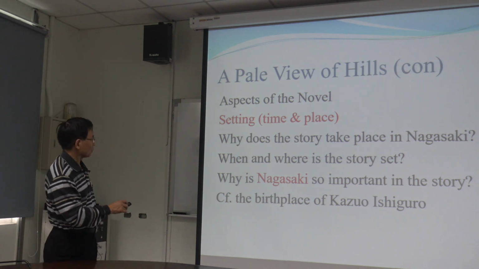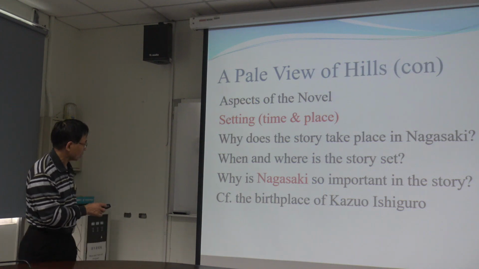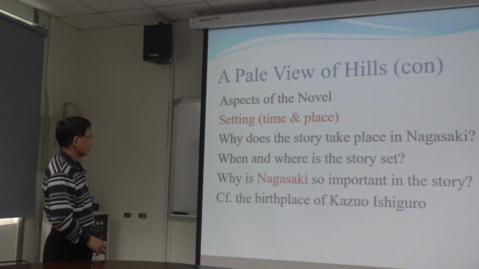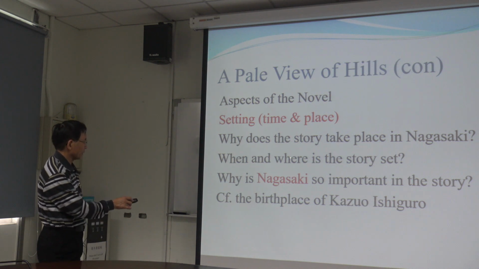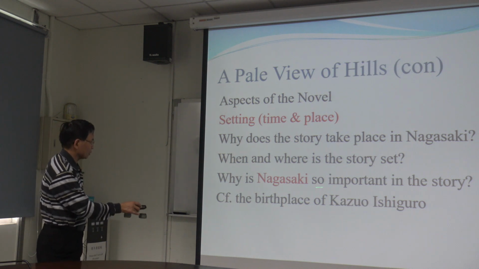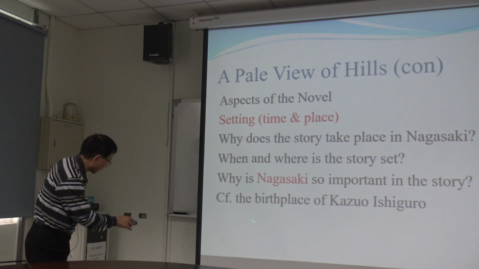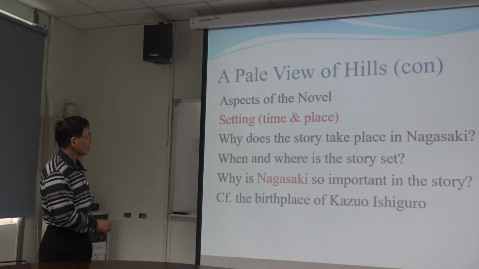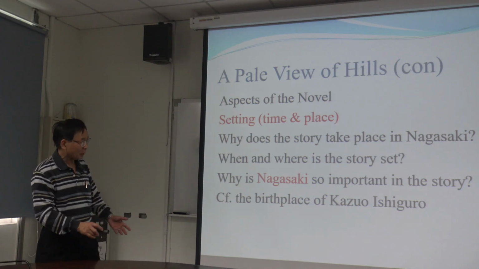Okay? The question I raised in the beginning of this class is, why does the story take place in Nagasaki? So this is where. And why Nagasaki is important. I also mentioned Nagasaki is the very birthplace of Kazuo Ishiguro. Then time. I didn't mention time.